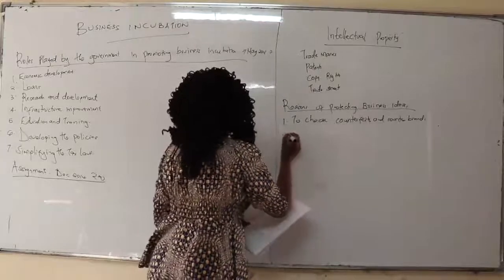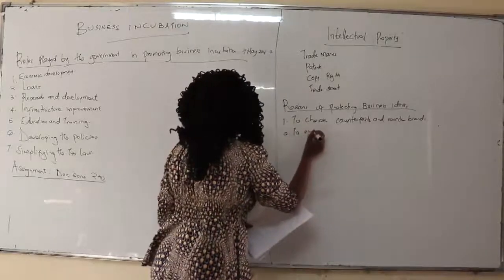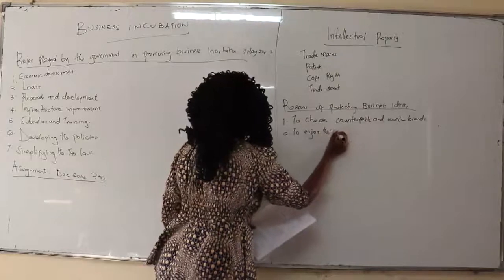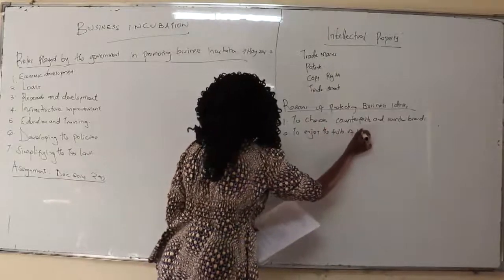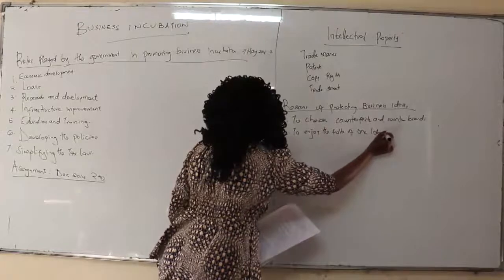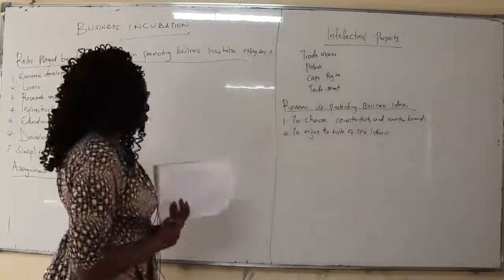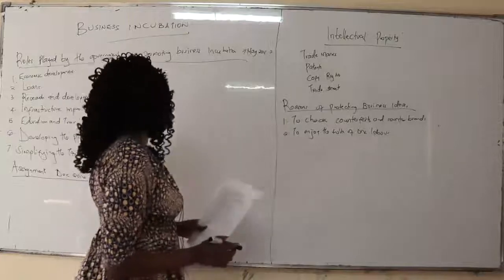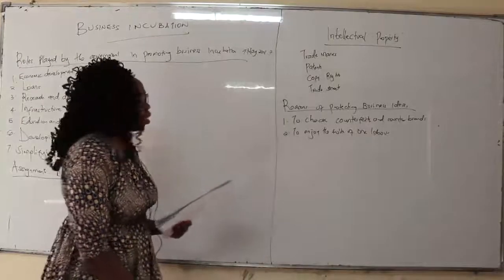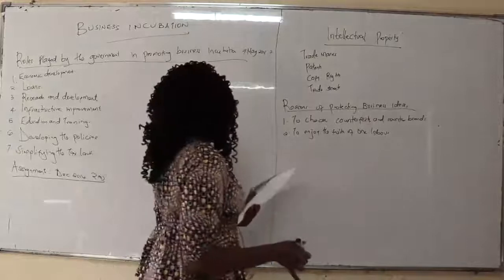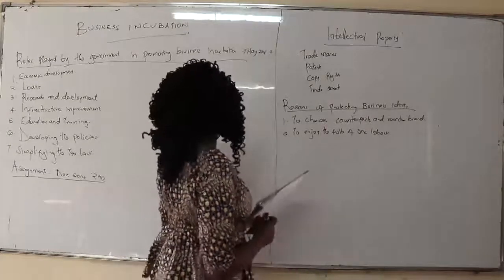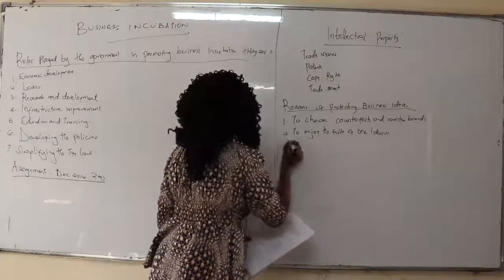Also, one is to enjoy the fruits of one's labor. Remember that if you're starting a business or you're coming up with a new product or service, you'll have incurred a lot of money, of which if you protect that business idea, you can get good returns.